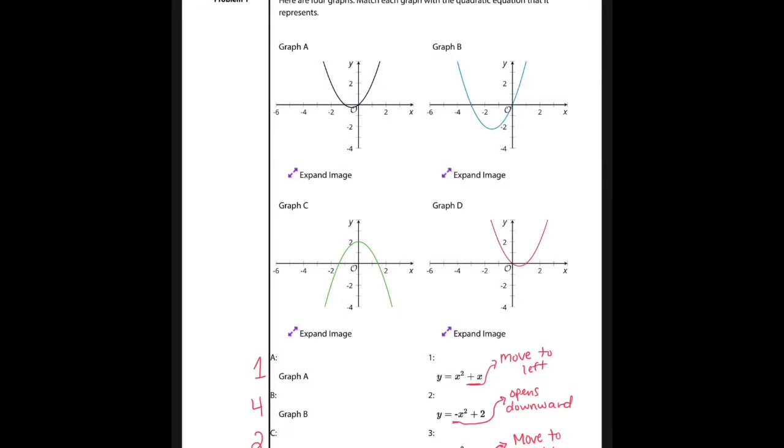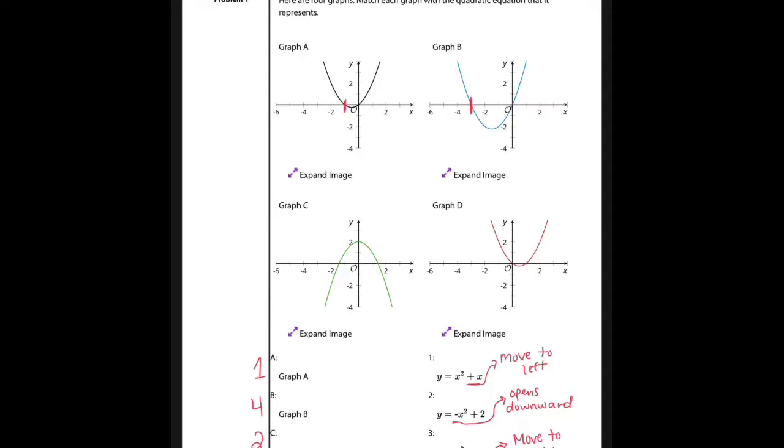Looking at lesson 13, problem 1, match each graph with the quadratic equation. So you will get 1, 4, 2, and 3. Graph A represents 1 because you would move it to the left and it will touch right here at 1. Graph B represents 4 because it will move to the left and cross here at -3.